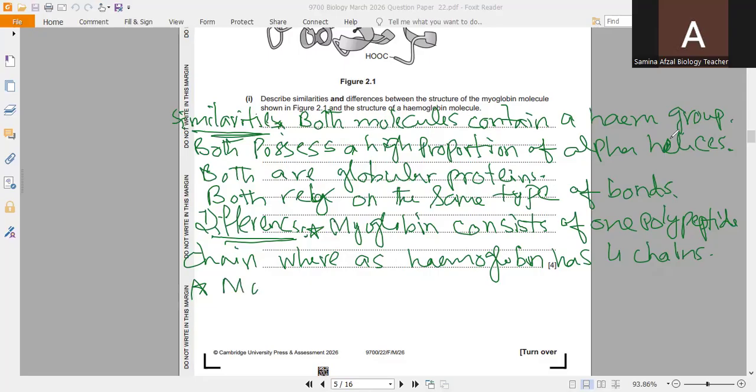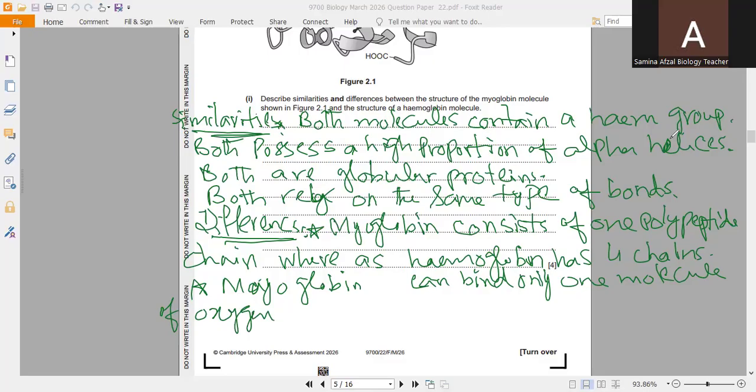Myoglobin can bind only one molecule of oxygen, whereas hemoglobin can bind or carry four molecules of oxygen.